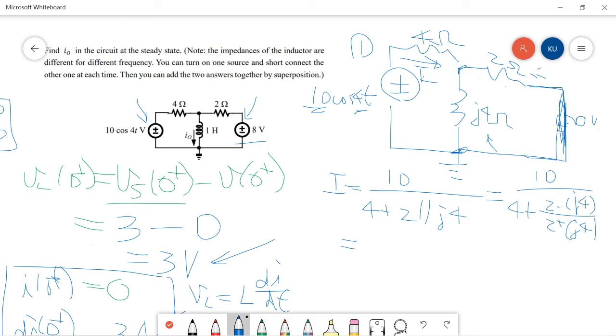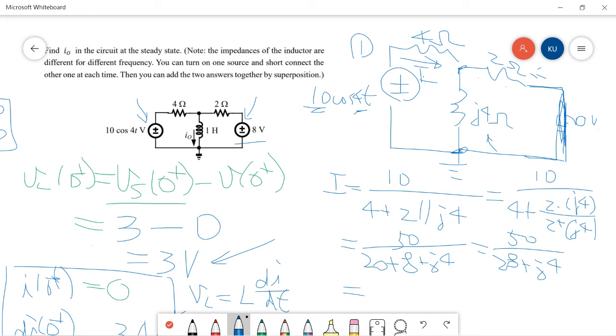And then we can just do some algebraic calculation. It will become 50 over 20 plus 8 plus j4, which is 20 plus 28 plus j4.